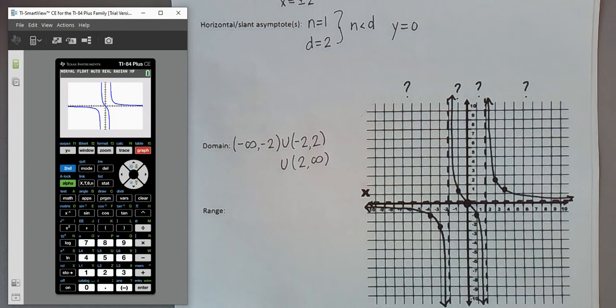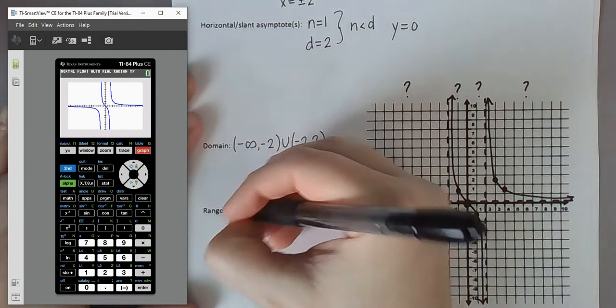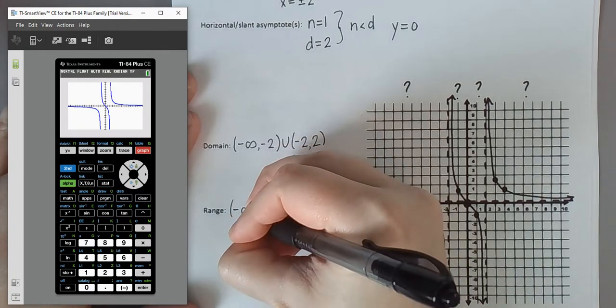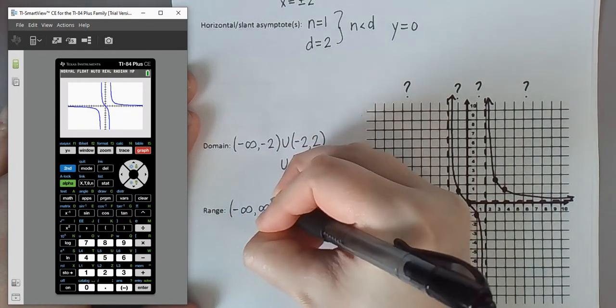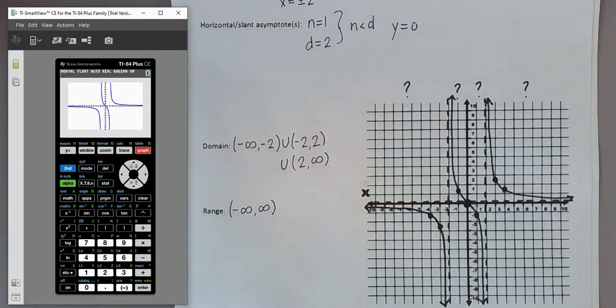That branch in the middle is continuous all the way from -2 to 2, and the y values span all the way from -infinity to infinity, and we do actually have a location where we cross over and hit y equals 0. So in this case, because of that central branch, we don't actually have a break in the range. We do actually cover all real numbers. So our range is going to be all real numbers.